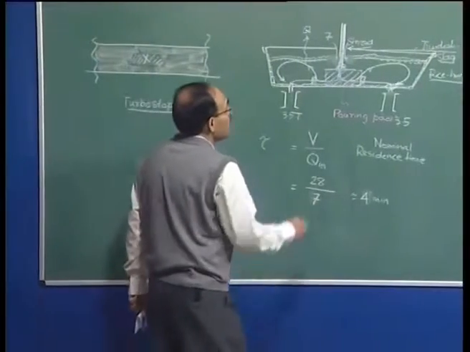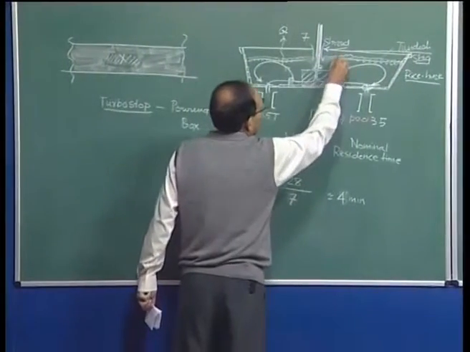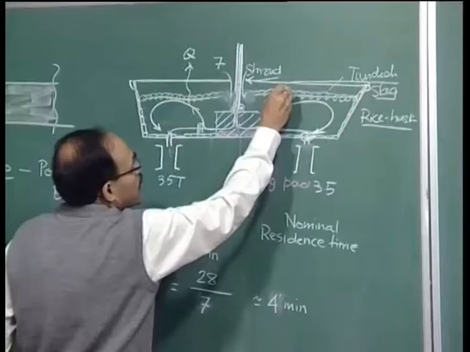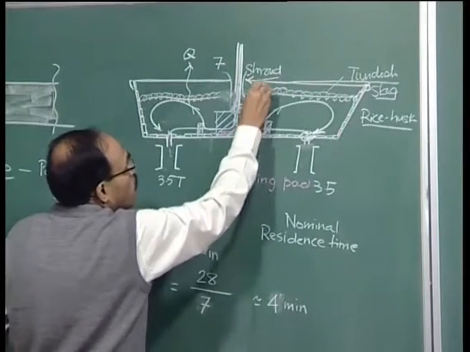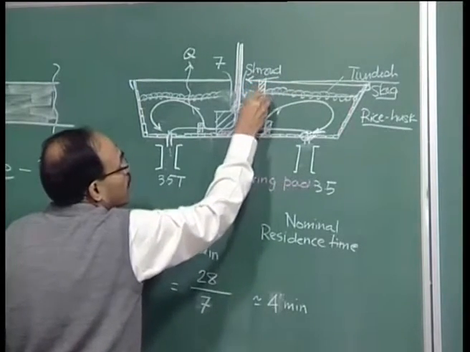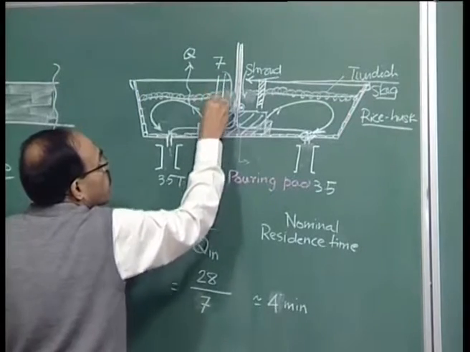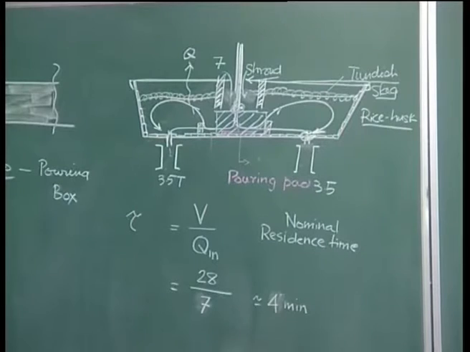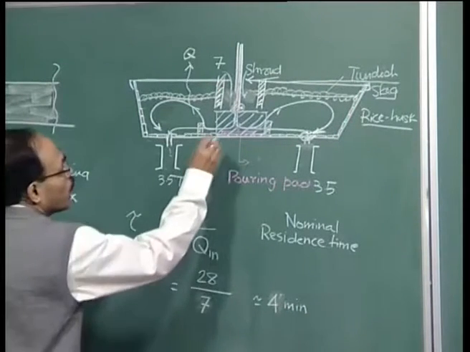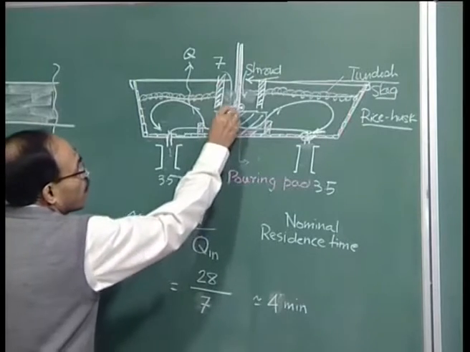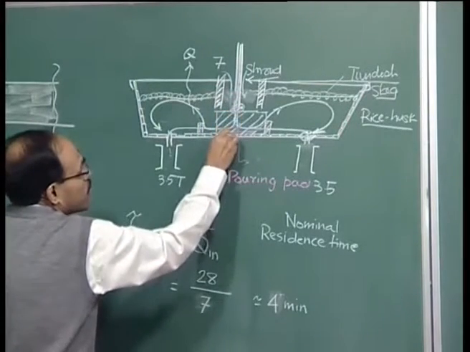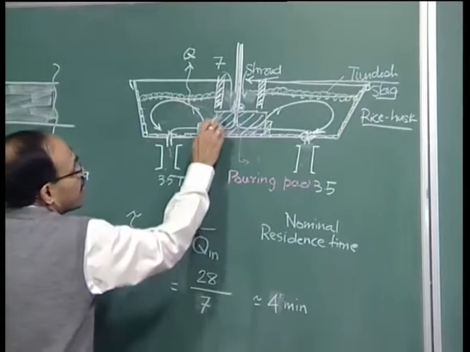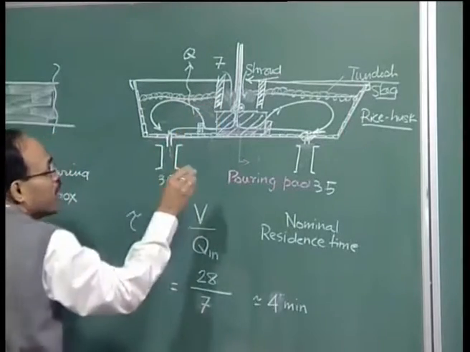Then we can have a weir also here, and the weir is something like this. As a result, the flow comes like this and goes like this, and there is no scope for the slag to be entrained here.